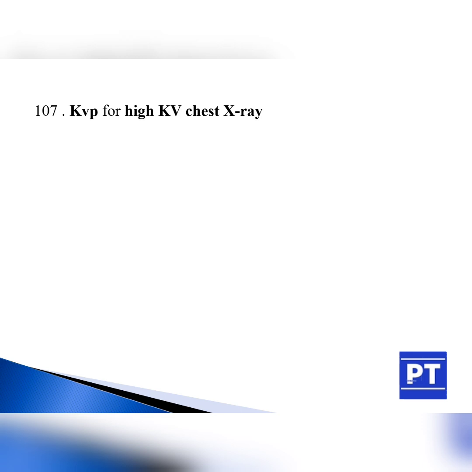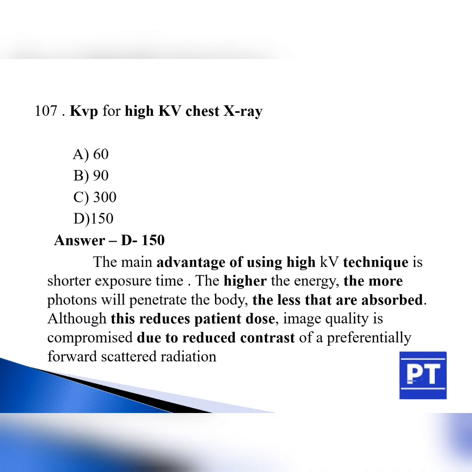Question number 107. The kVp for a high kV chest X-ray is: option A 60, option B 90, option C 300, option D 150. The answer is option D, 150. The main advantage of using the high kV technique is lower exposure time.